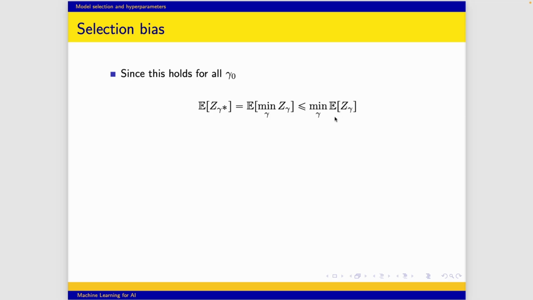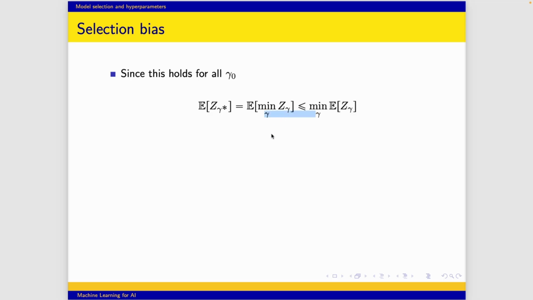But we're not doing that. In our model selection using empirical risk, what we are doing is taking the minimum from lots of different random estimates, these Z gammas. So we're selecting the gamma based on this minimum from lots of different random estimates.